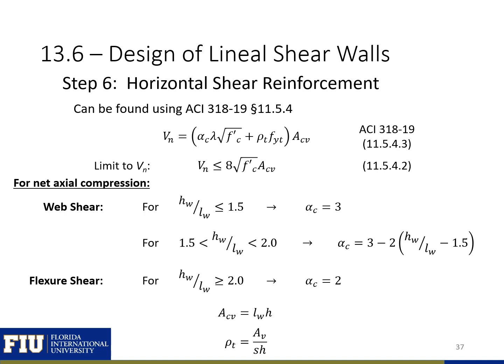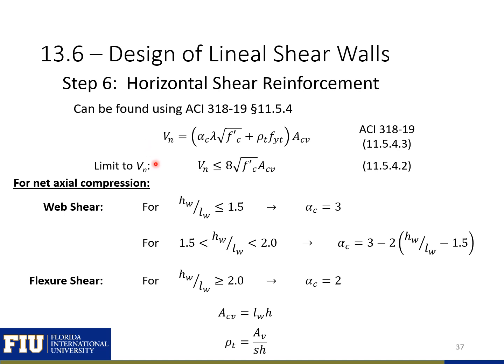Our next step is to determine the horizontal shear reinforcement that we require. So in this case, we need to make sure that our phi Vn is greater than Vu for each of our walls. And we can determine our Vn using the equation from ACI 318.